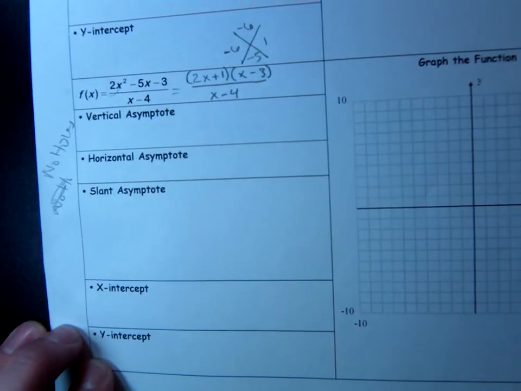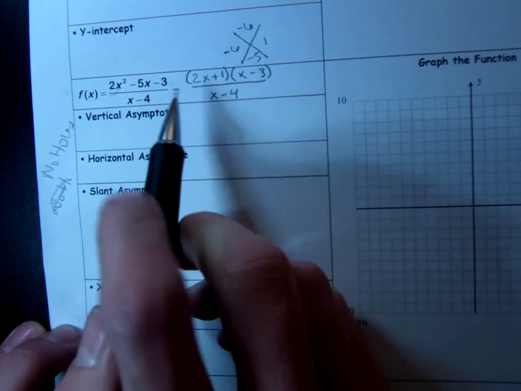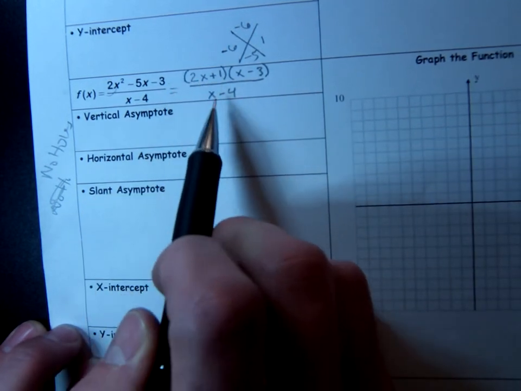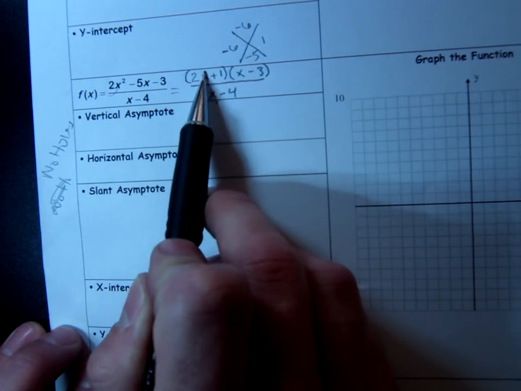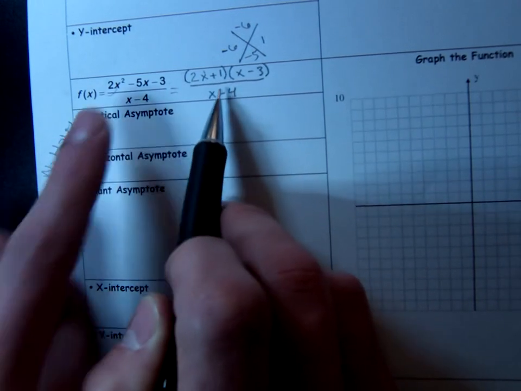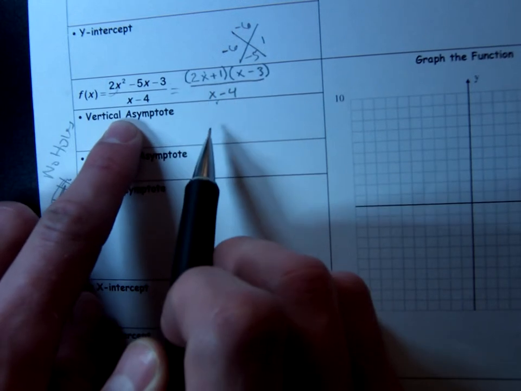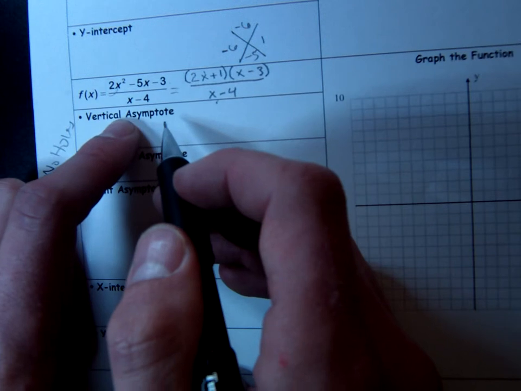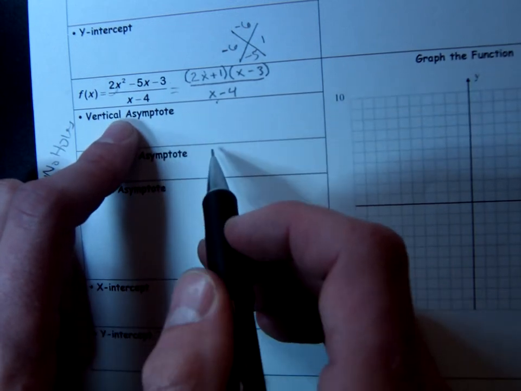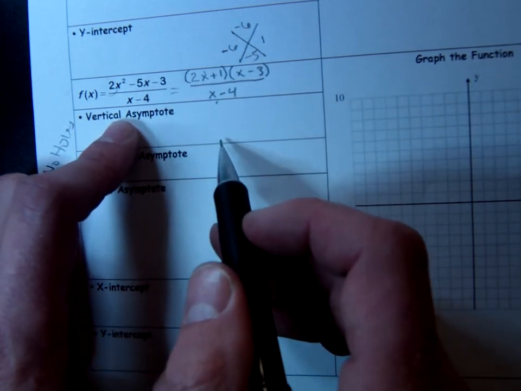Okay? It doesn't have any holes because you create a hole when you have, for example, if there was x minus 4 and I had an x minus 4 on top, well, when x minus 4 is 0, it's undefined because I have a 0 in the denominator. If you can cancel a factor that makes the denominator 0, that creates a hole.